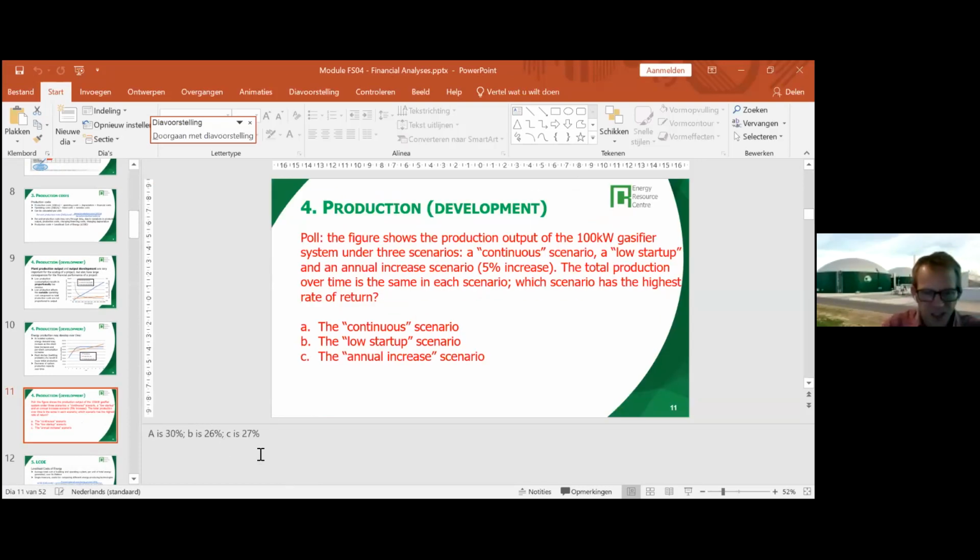Right, what I had calculated for these different scenarios is for the continuous scenario a rate of return of 30%. The low startup scenario has a 26% rate of return, and the annual increase has a 27% rate of return.